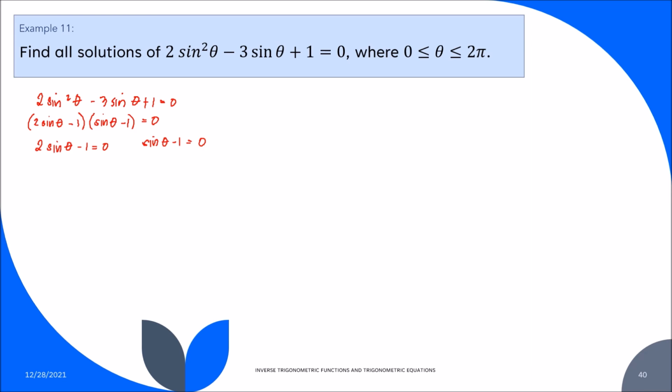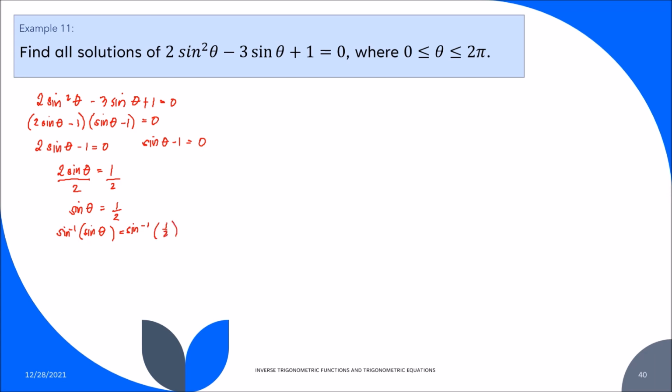Now, for 2 sine theta minus 1 equals 0, we transpose negative 1 to the other side. So we will have 2 sine theta equals 1. We divide both sides by 2. So we have sine theta equals 1/2. Now, we have to get the inverse of this.